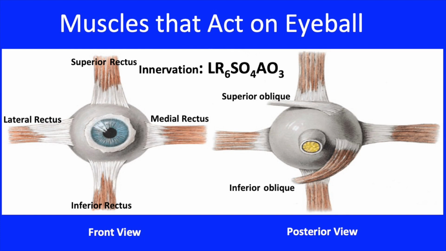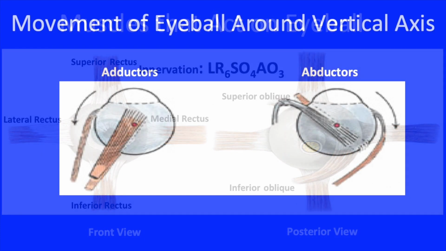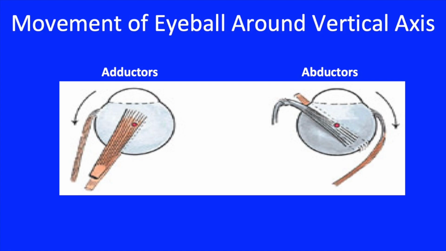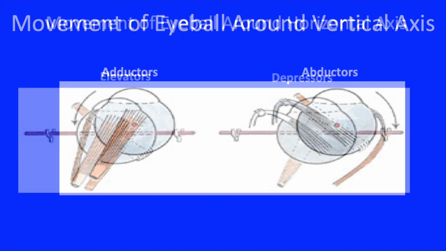Now, we need to understand how these muscles direct eye movement, and that may take some more effort to grasp. What we need to do first is simply look at the actions performed by the eyeballs, and here they are. Eyes can look toward the nose, that is adduction. Eyes can look to the periphery, that movement is known as abduction.